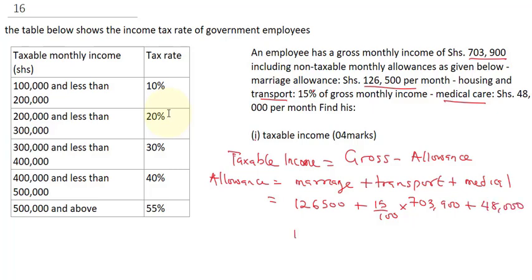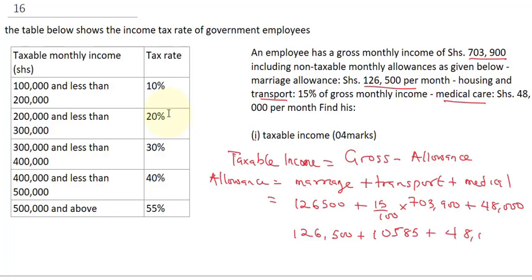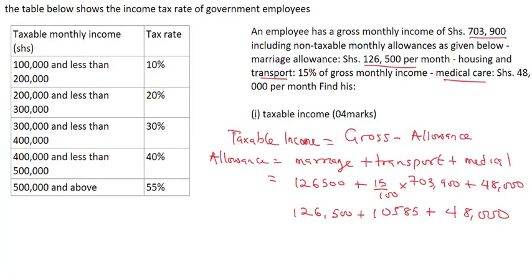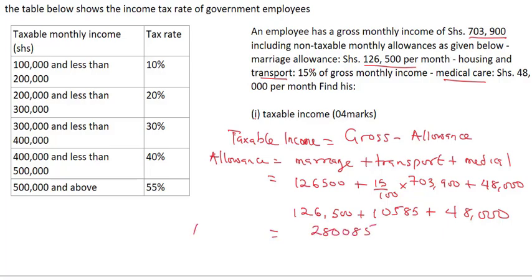Now this is going to be 126,500 plus calculating 15% of this, it's going to give us 105,585, plus 48,000. So when you sum this up, you are going to get 280,085. Now recall that this is his allowance.